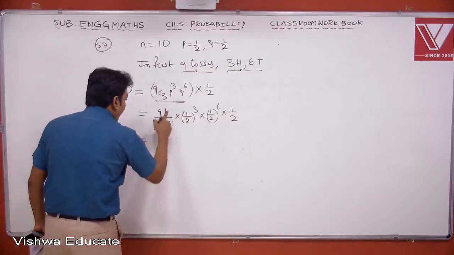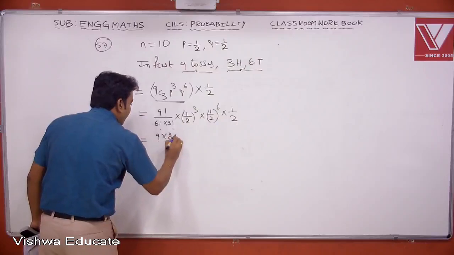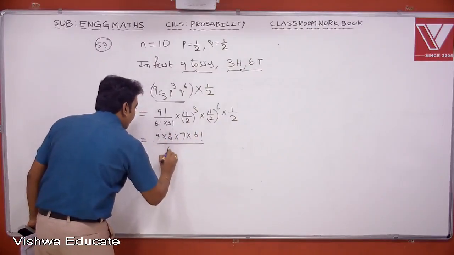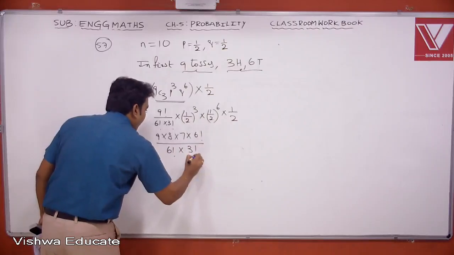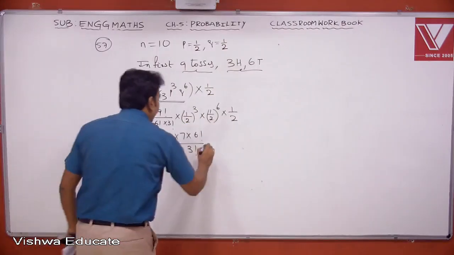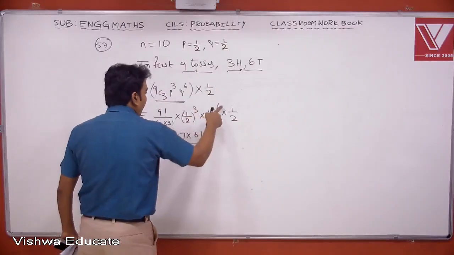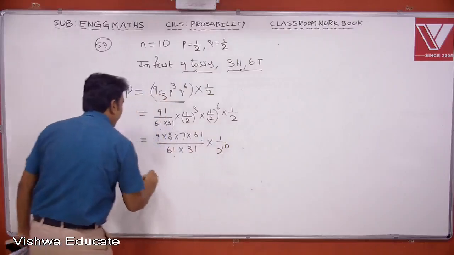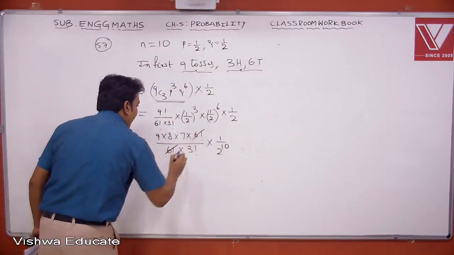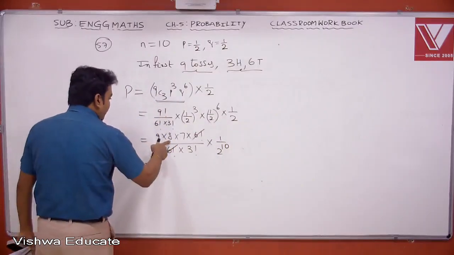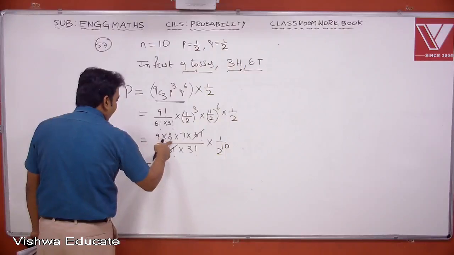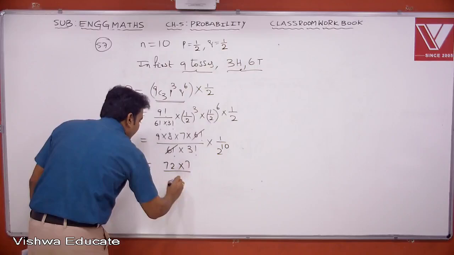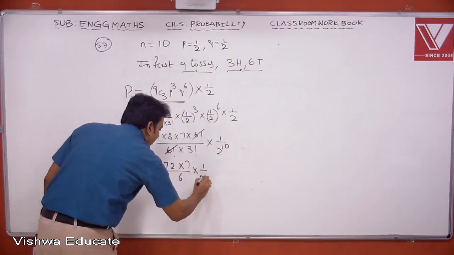So therefore we can write this as 9 factorial, which is 9 into 8 into 7 into 6 factorial, divided by 6 factorial into 3 factorial. This is 1 by 2 cube into 1 by 2 power 6, into 1 by 2. So this is 1 by 2 power 10. So the 6 factorial will get cancelled. This is 9 into 8, which is 72, into 7, divided by 3 factorial which is 6, into 1 by 2 power 10.